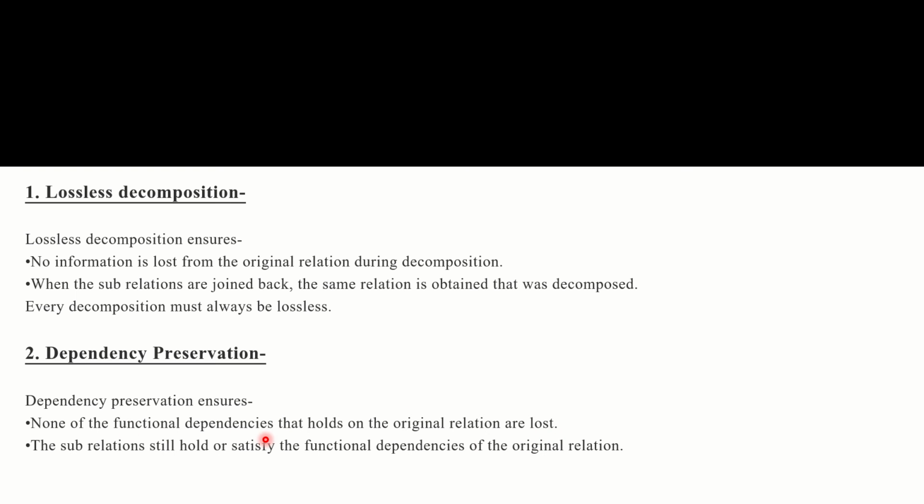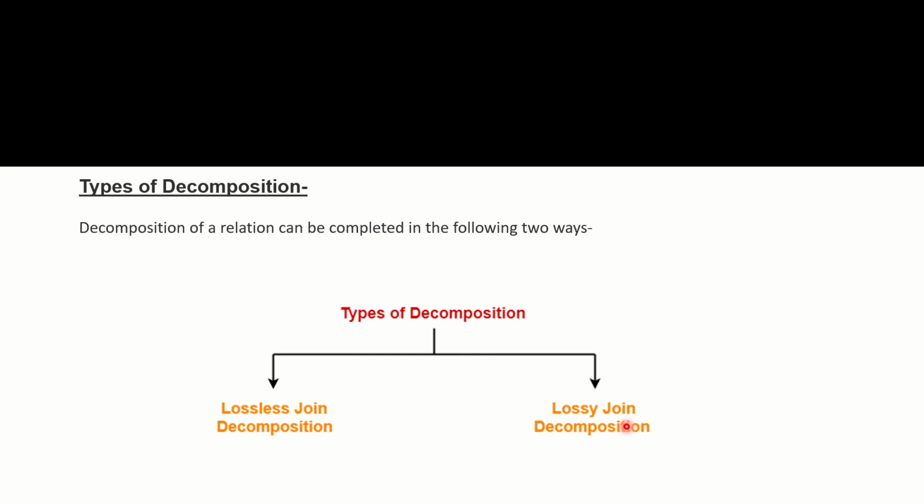We will study different types of dependency, and suppose the original table has a lot of dependencies; they are not lost while we are performing the decomposition, and the subrelations still hold or satisfy the functional dependencies of the original relation. That is the second property. That is, all the functional dependencies must be satisfied by each of the smaller tables.